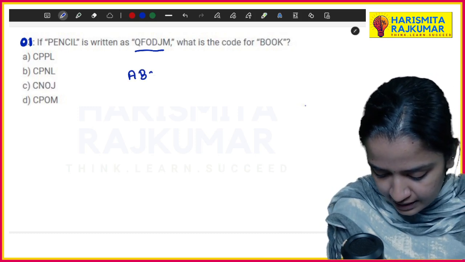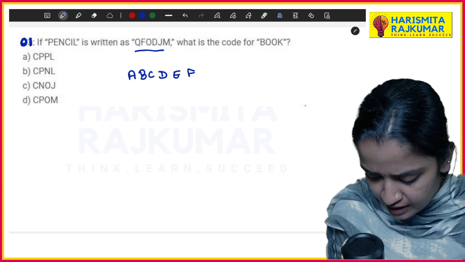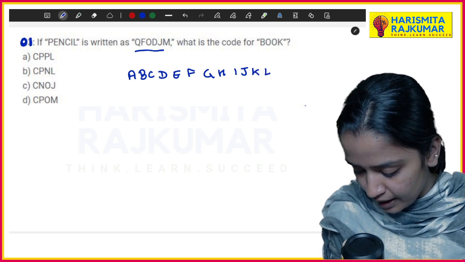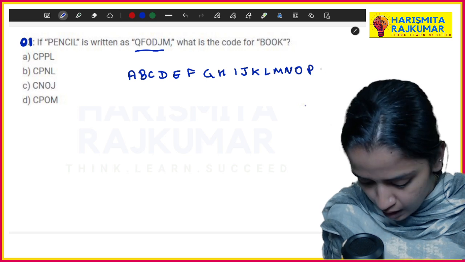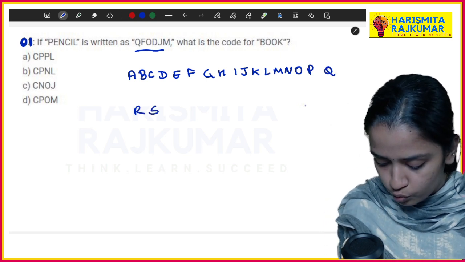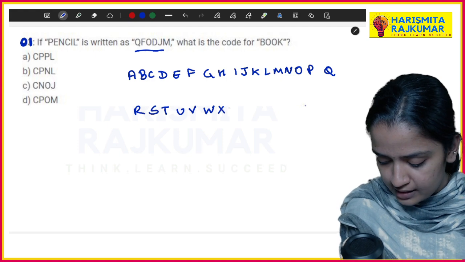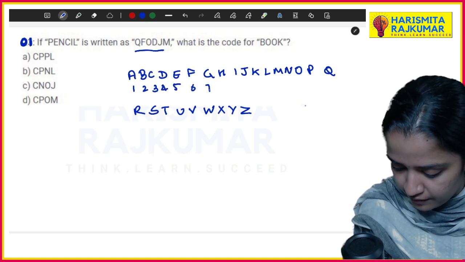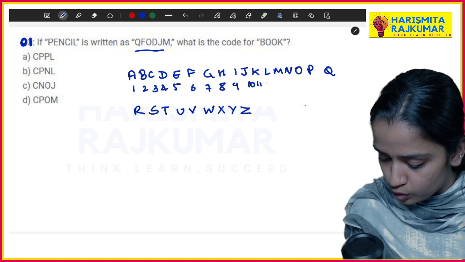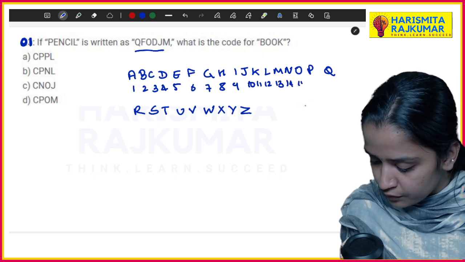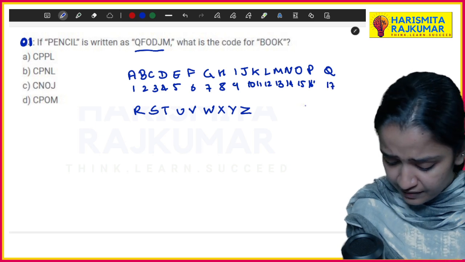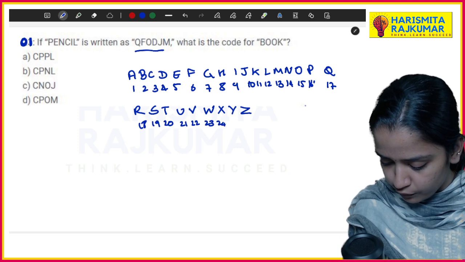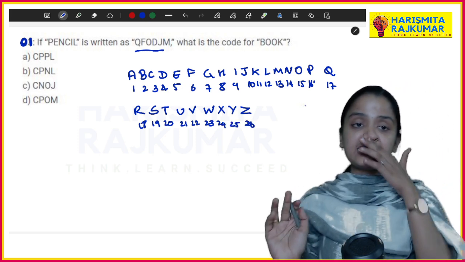A, B, C, D, E, F, G, H, I, J, K, L, M, N, O, P, Q, R, S, T, U, V, W, X, Y, Z, with the numbers 1 to 26. Okay, these are the numbers.